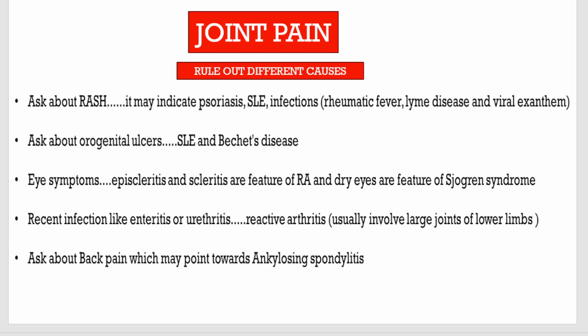Then we will ask about rash. Rash and joint involvement occur in psoriasis, SLE, and infections like rheumatic fever, which has erythema marginatum. So joint involvement and rash carry importance.